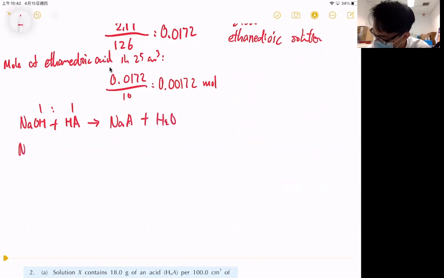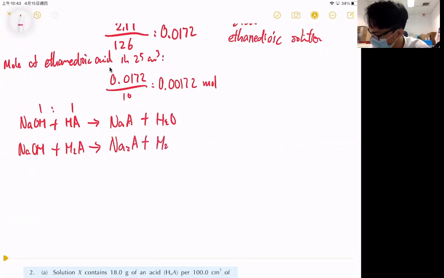If sodium hydroxide reacts with a dibasic acid, we will form something like this, right? And when we balance the equation, we will find out that we will use up 2 NaOH to react with 1 H2A, that is the dibasic acid.